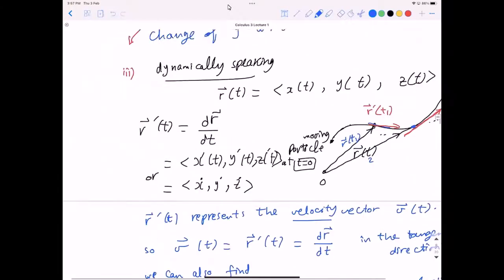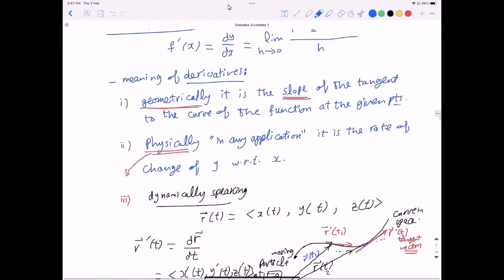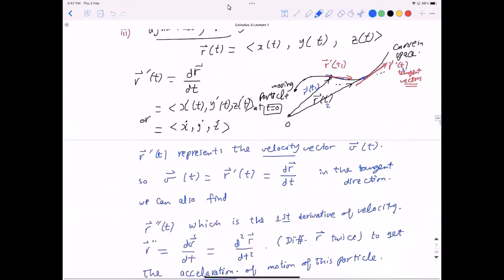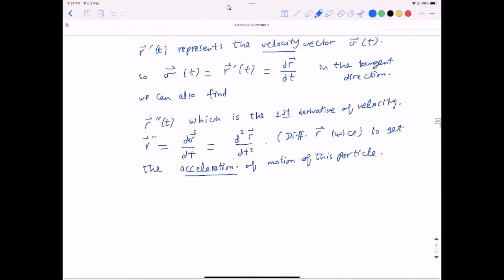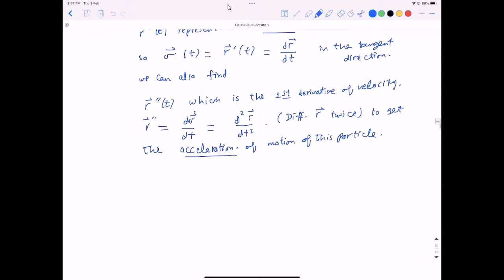This is what we have about differentiation and its geometrical, physical and dynamical meaning. Now the opposite of this is integration, as you know. If we differentiate the position vector, we get the velocity. If we differentiate the velocity, we get the acceleration.